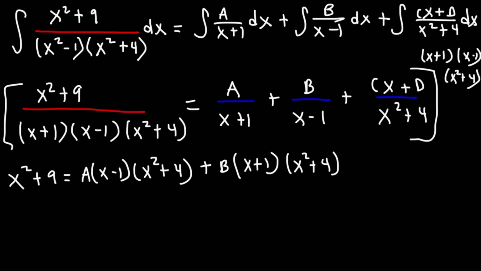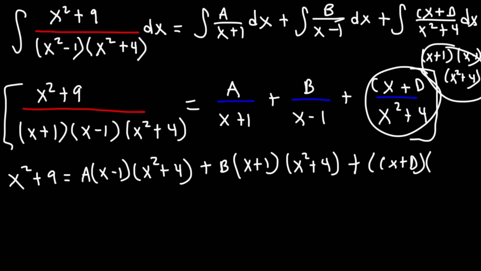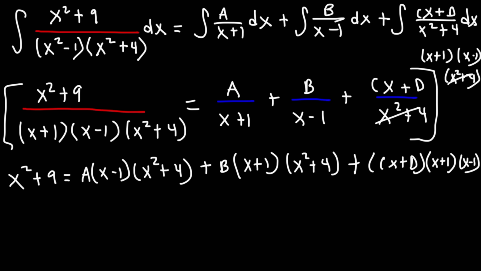It's important to be very careful with every step, because if you make one mistake, this is a long problem, the whole problem is going down the drain. So it's good to take your time working with these problems. So now, multiplying this by what we have here, x squared plus 4 will cancel, leaving behind cx plus d times x plus 1 times x minus 1.